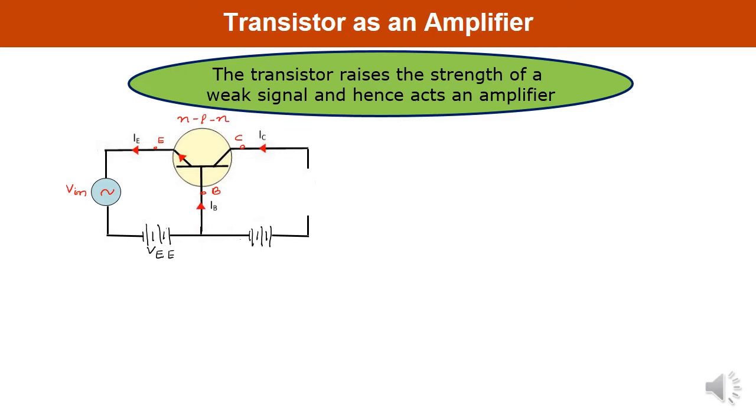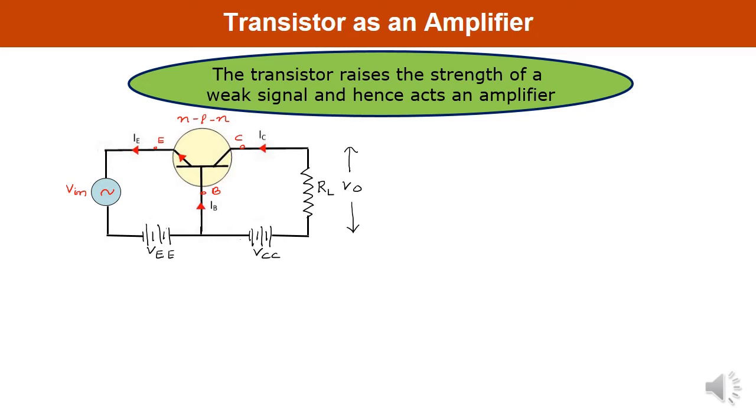This is VCC, and let us connect a load resistance denoted by RL, and across this load resistance we are going to calculate the output voltage. So this is the way you can draw the circuit.